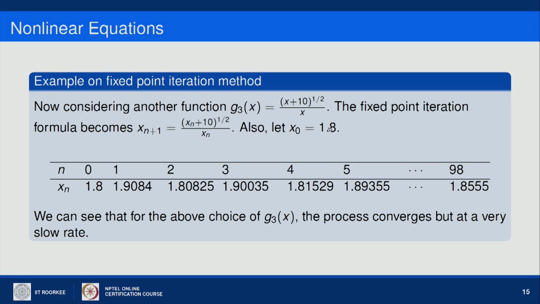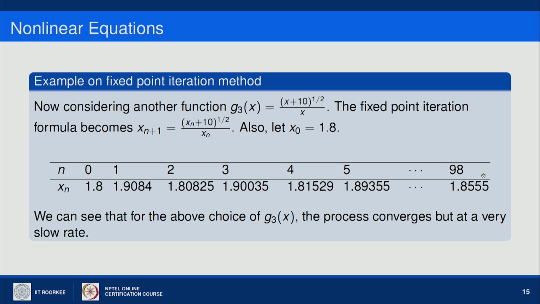Earlier we were taking 2, but now let us take 1.8. So, here x0 is 1.8, x1 will become 1.9084, x2 will become 1.80825. Continuing in the same manner, we see that the solution converges to 1.8555 in 98 iterations.